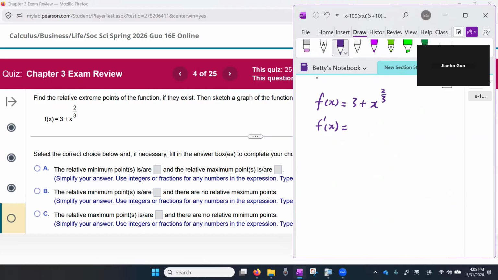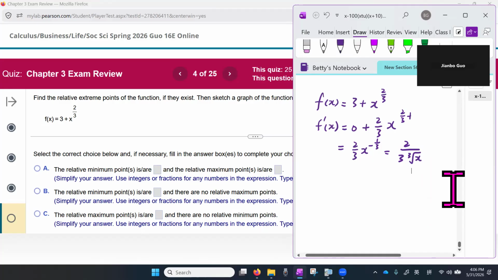The derivative is 0 plus 2/3 times x to the 2/3 minus 1. 2/3 minus 1 is -1/3. So it is 2/3 over the cube root of x. That's the first derivative of the given function.